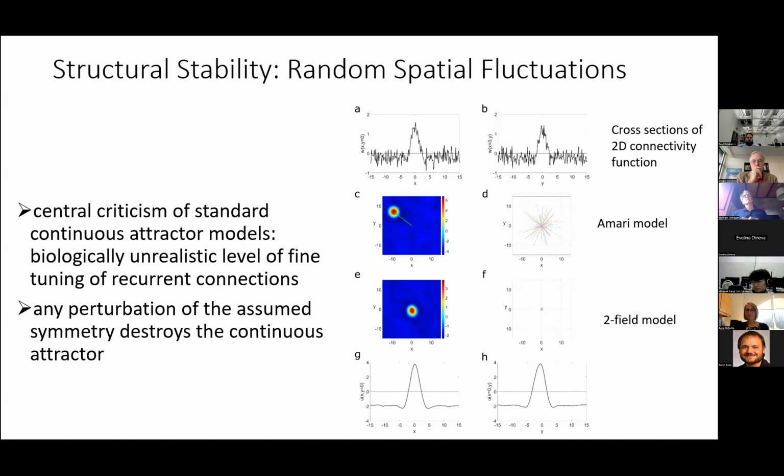So this is a central criticism of why people are arguing we need other models than this kind of bump attractor model, which heavily relies on the assumption that you have a perfect symmetry in your interaction. We have also tested other perturbations, such as non-radially symmetric kernel functions or spatial bias, and essentially we get the stability.